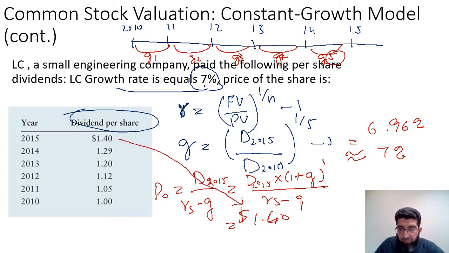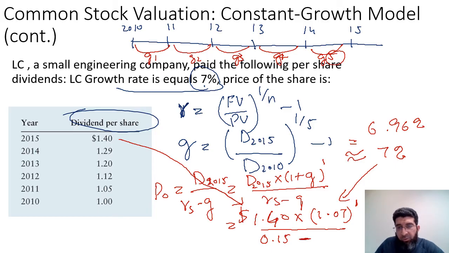Now 1.40 multiplied by 1.07, since we have a growth rate given here, for 1 year, and then you divide by RS, which is 15%, not given in the question, but it's 15%, so 0.15, minus the growth rate of 0.07.